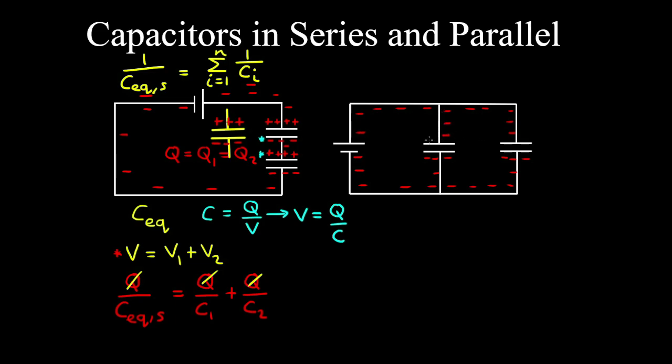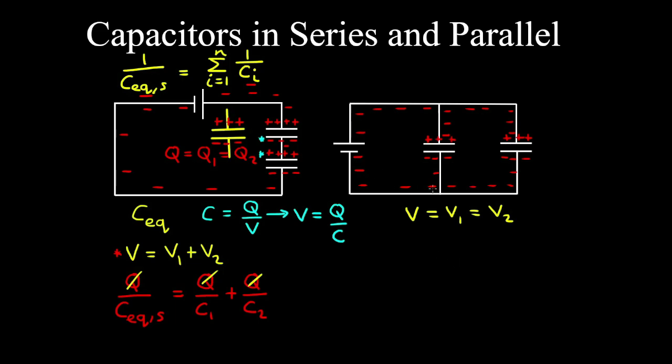So because these electrons are repelled, you get positive charge left behind on the top plates of both capacitors. So in this case, the voltage across both of those capacitors is equal because they're in parallel.